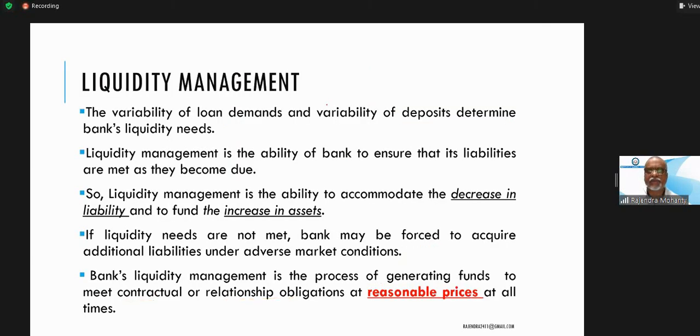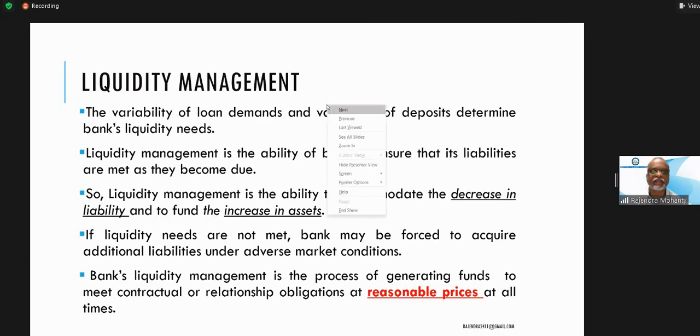Okay, so this is about the liquidity. Now, how to manage the liquidity? As I told you, either you increase your liability or decrease your assets. Increase your liability in the sense either you can canvass more deposit or you go for reasonable borrowing, or if you have liquid assets, you can easily convert them to cash.